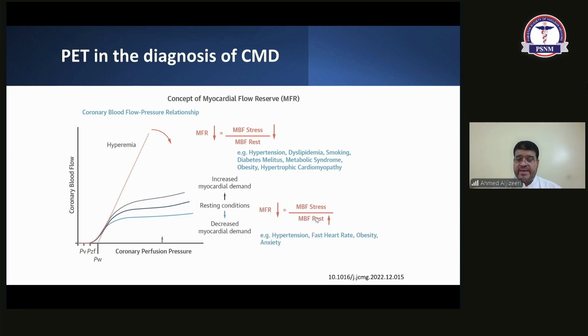Likewise, it can be low because of increased rest myocardial blood flow that is related to the rate pressure product, which is hypertension, fast heart rate, obesity, and anxiety. And as you can see, these two are totally different from each other, and one has to be cognizant of the fact that they may not result in the same outcome.